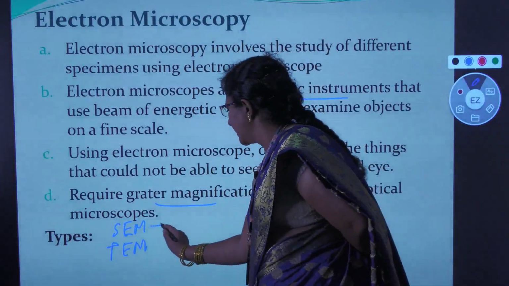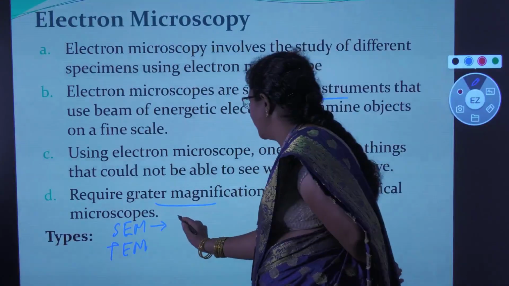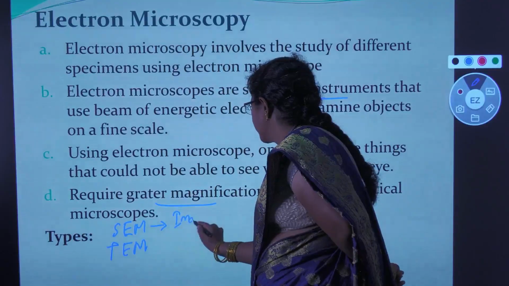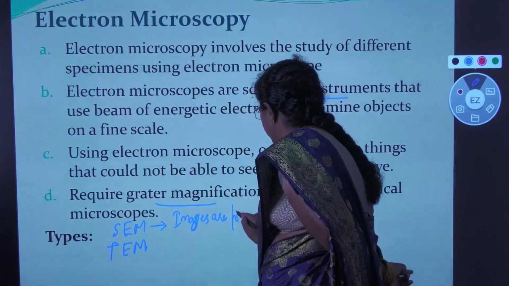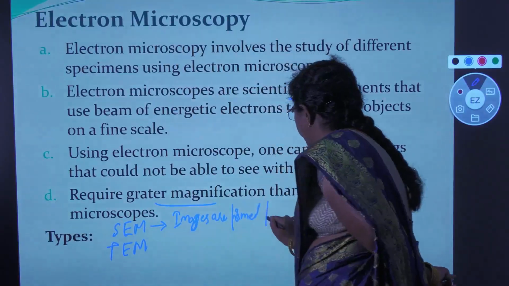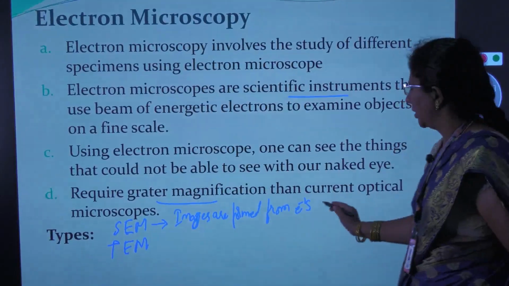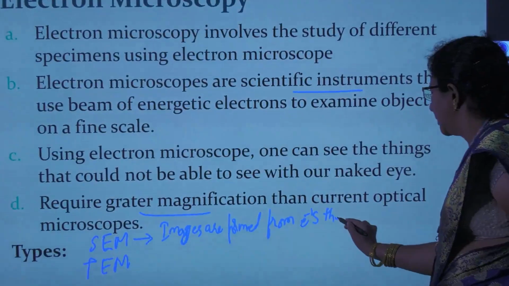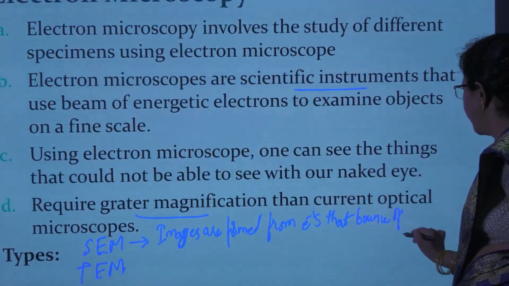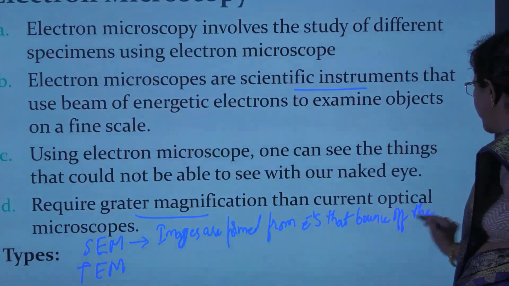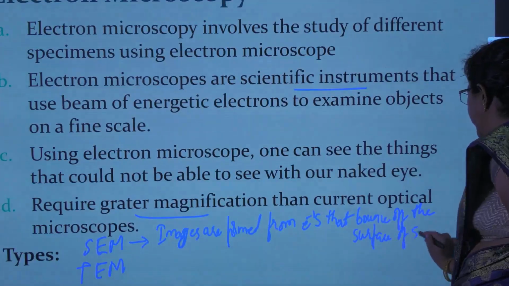In scanning electron microscopy, images are formed from electrons that bounce off the surface of the specimen.